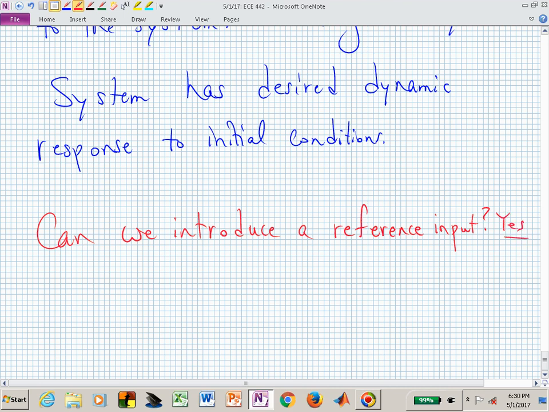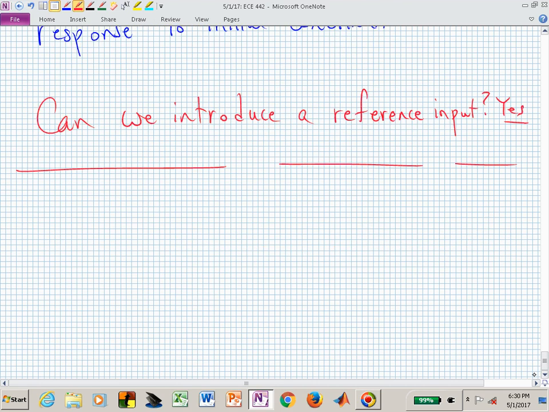And that was a rhetorical question. Yes, since we've already done it several comments before. So now let's look at doing that and see what we can accomplish with introducing that reference input.